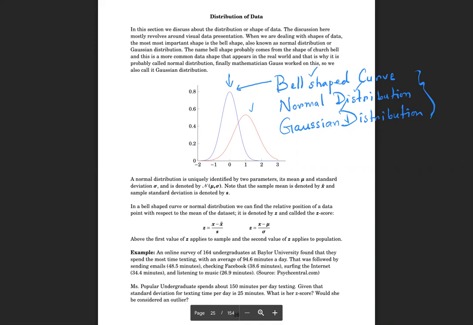Most of the time we would like to have data that is bell-shaped. If you know that your data is bell-shaped, then it's easier to find the properties of that data set, okay?